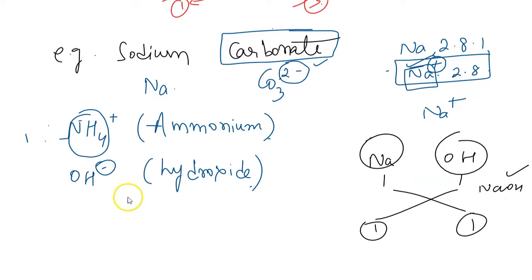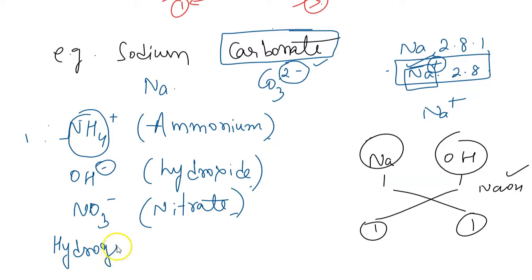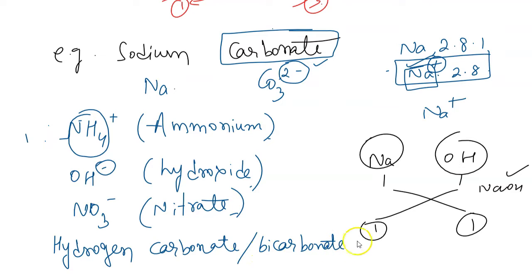There are other compounds. Nitrate, NO3 minus. This is nitrate. And then we have hydrogen carbonate, that is also called bicarbonate, and this is HCO3 minus.